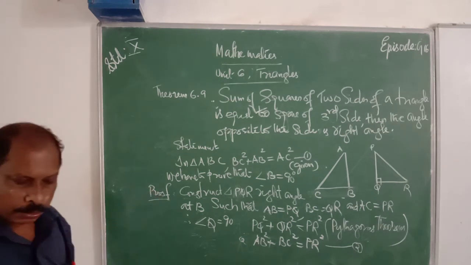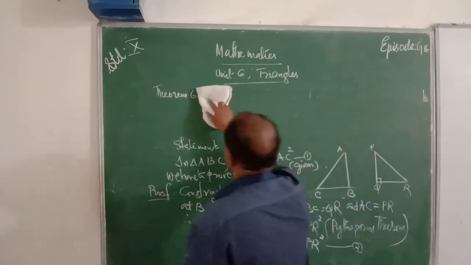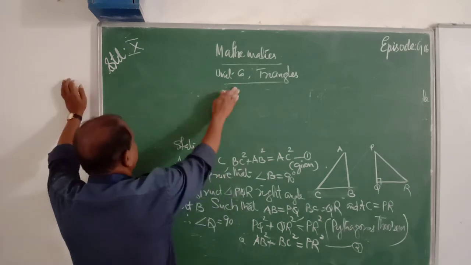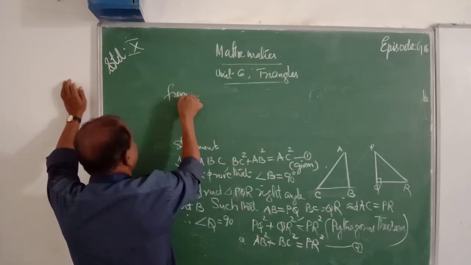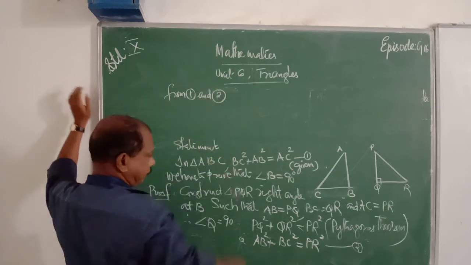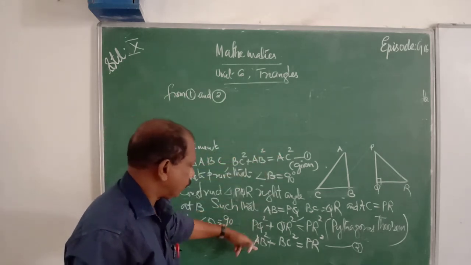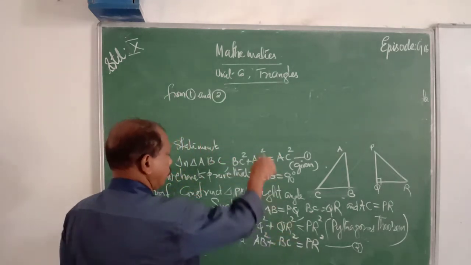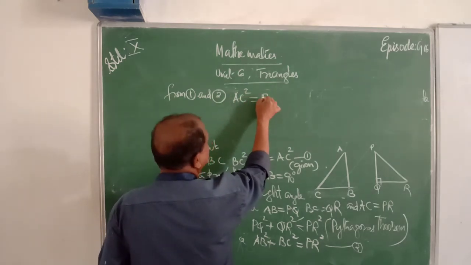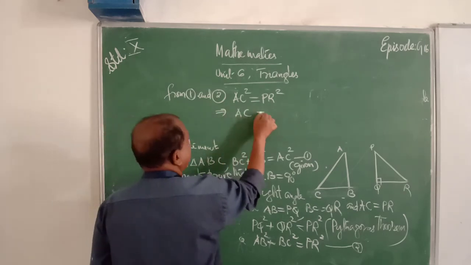From 1 and 2, the left sides are equal, so AC square is equal to PR square, which implies that AC is equal to PR.